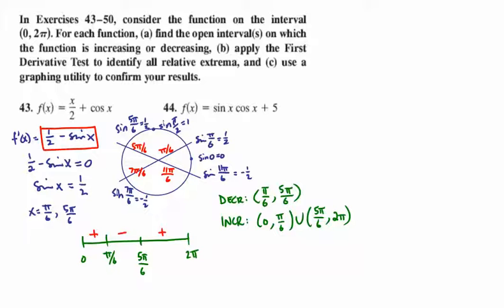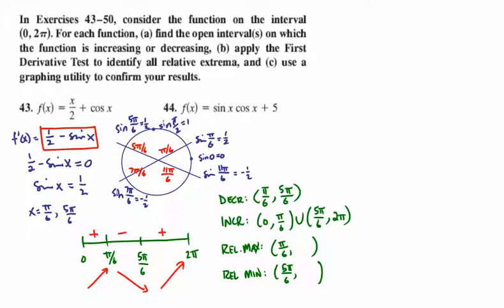Do we have any relative max or mins? Let's see. We're increasing, decreasing, increasing. So it looks like we will have a relative min at pi over 6, relative max at 5 pi. No, opposite here, sorry. The relative max is at pi over 6. The relative min is at 5 pi over 6.